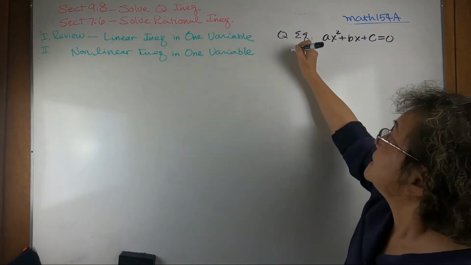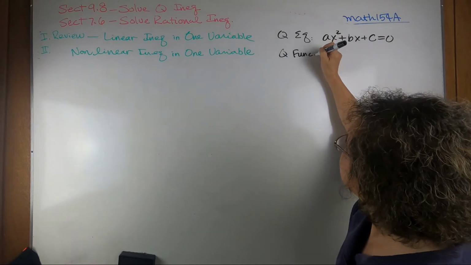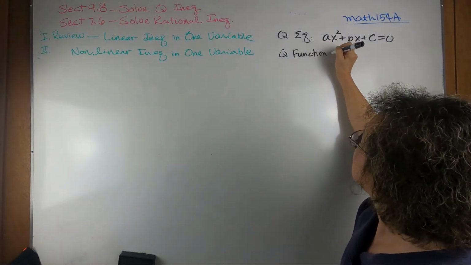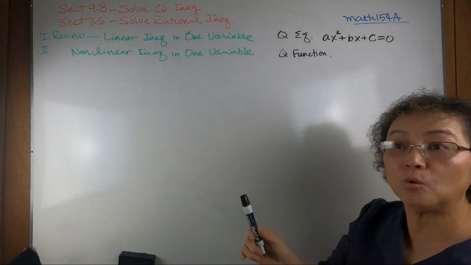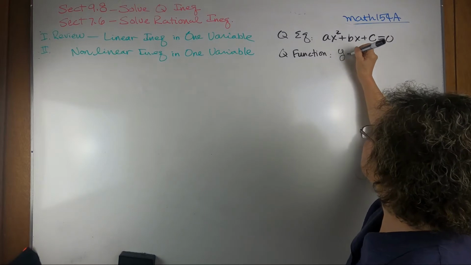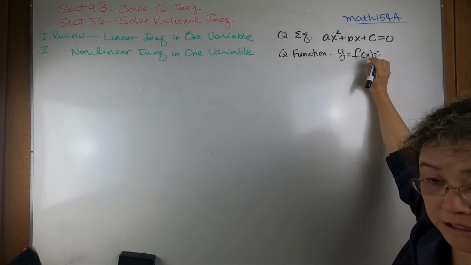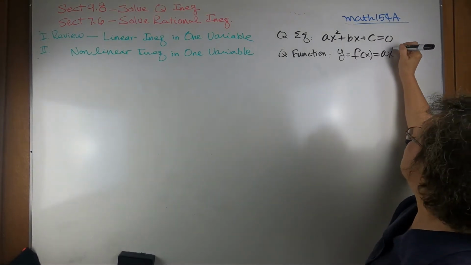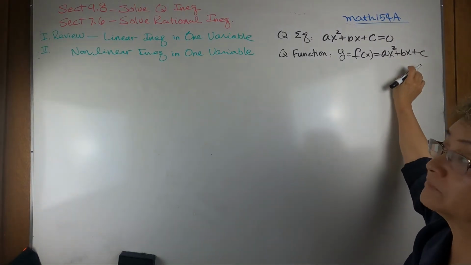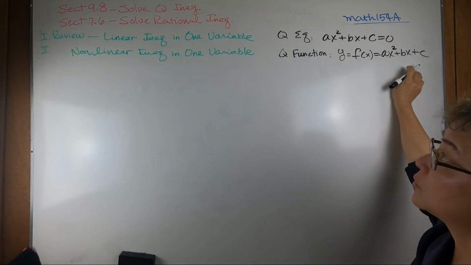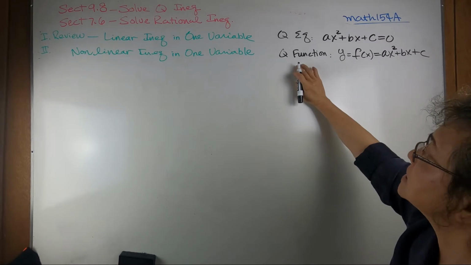Then quadratic functions are things where the function leads you from x to y, so y is the result of the function f of x, which is quadratic, a second degree polynomial in this form, right?